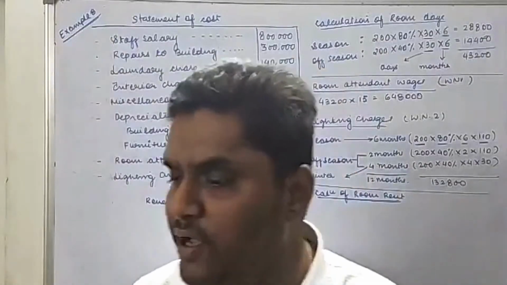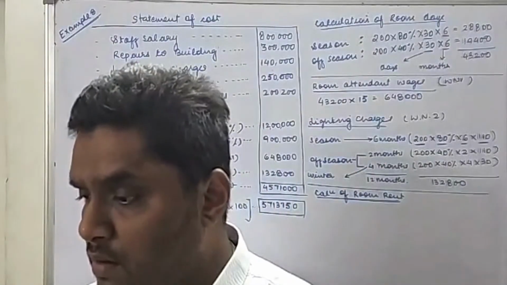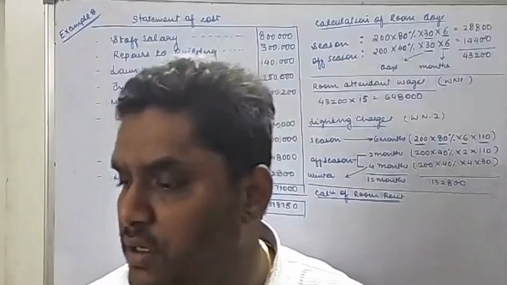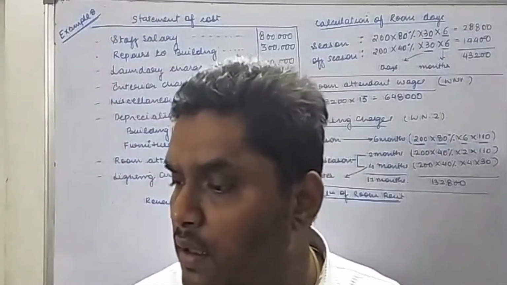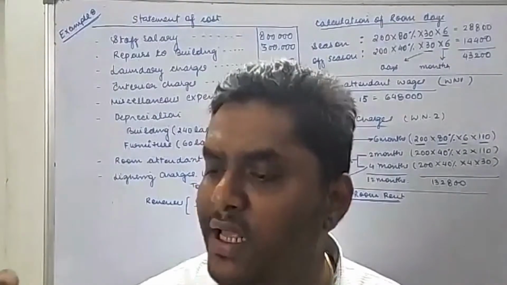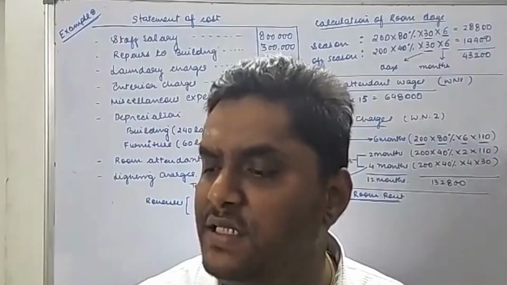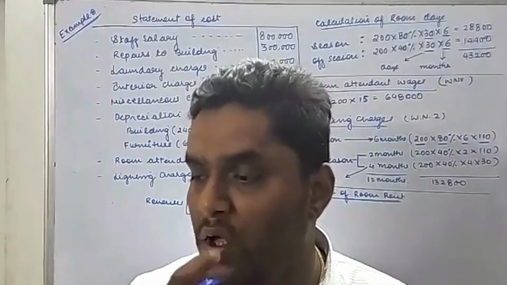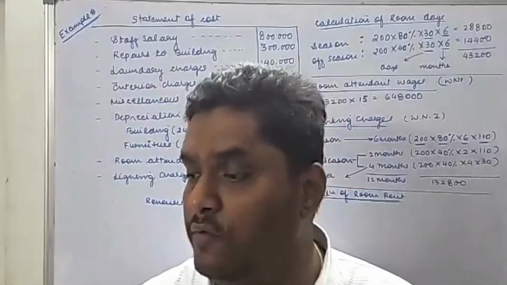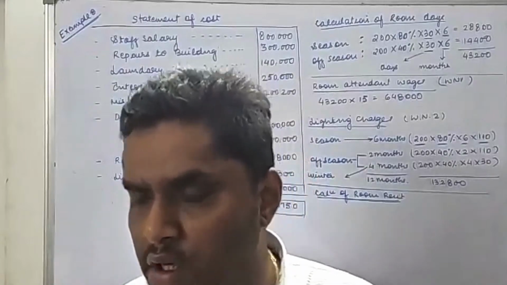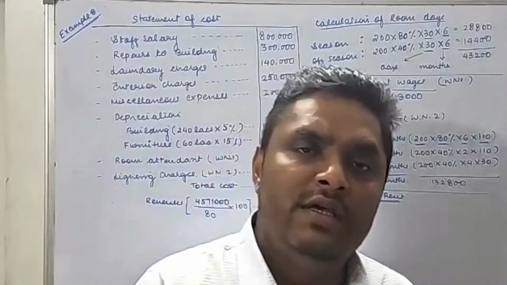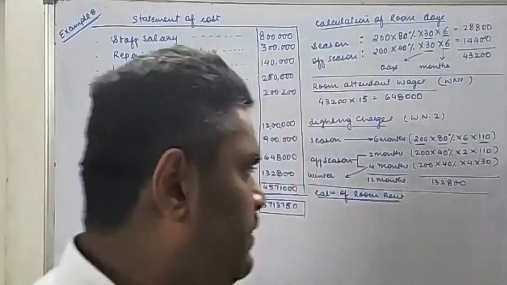Now it is given in the question that the hotel offers a concessional rate during 6 off-season months in a year. So for 6 months, they are charging 50% of the room rent, and for 6 months, they are charging the full room rent.